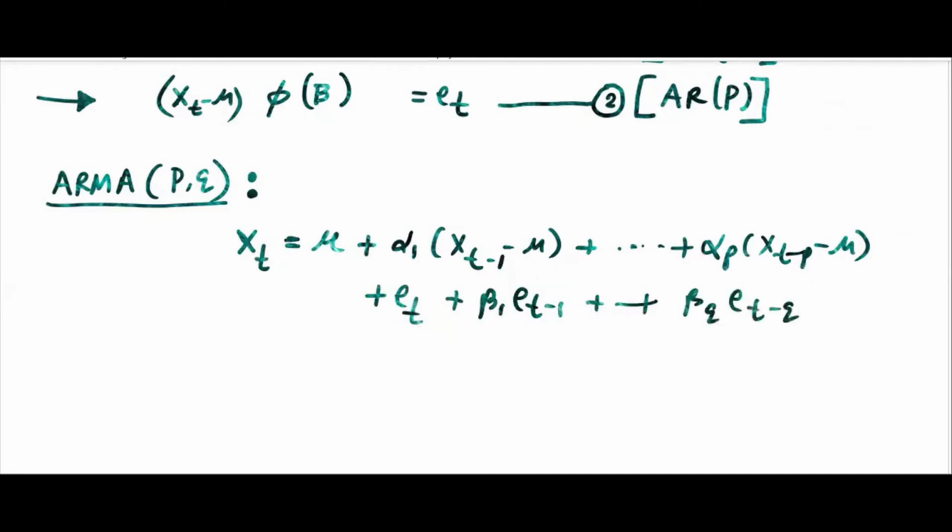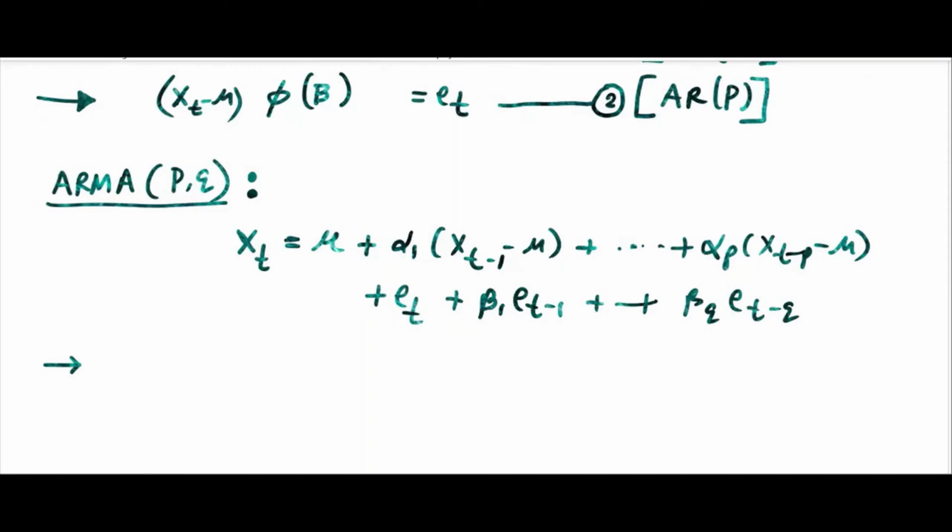This et is common to both processes. This is ARMA(p,q). We have alpha 1, alpha 2, alpha p, the parameters of AR(p), and then beta 1, beta 2, beta q, the parameters of MA(q). If you combine, you get ARMA(p,q): p from the AR type, and q from the MA type.